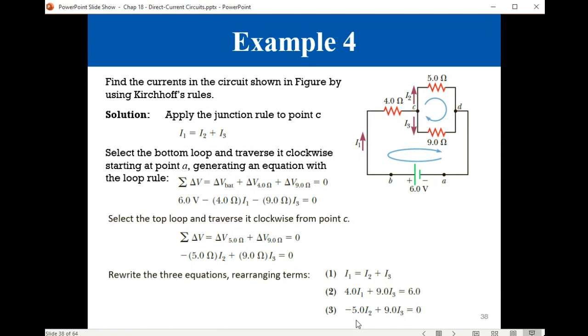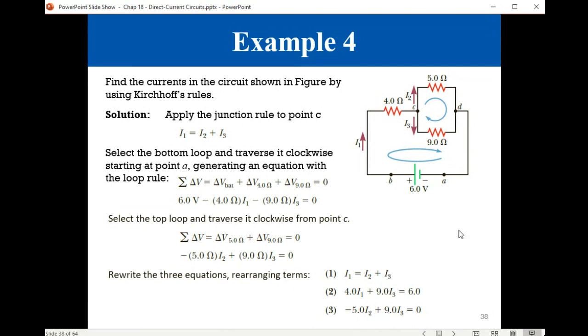This is the third equation, minus 5I2 plus 9I3 equals 0. The physics part is done after generating these simultaneous equations. What remains is algebra. We need to solve these 3 simultaneous equations for the 3 unknowns.